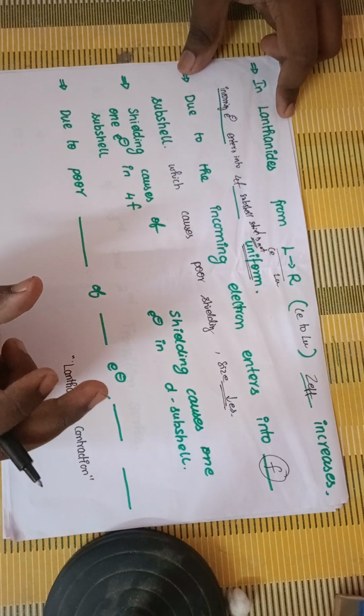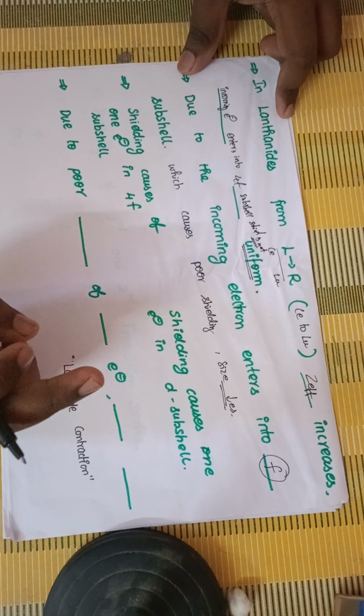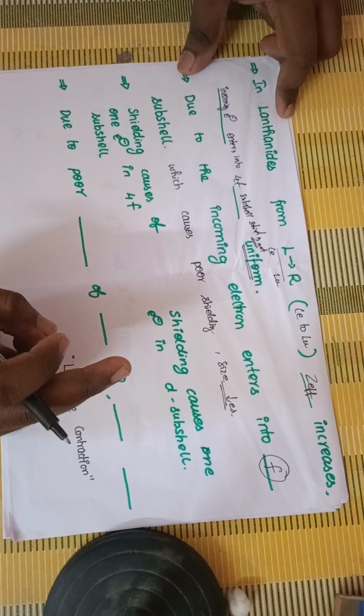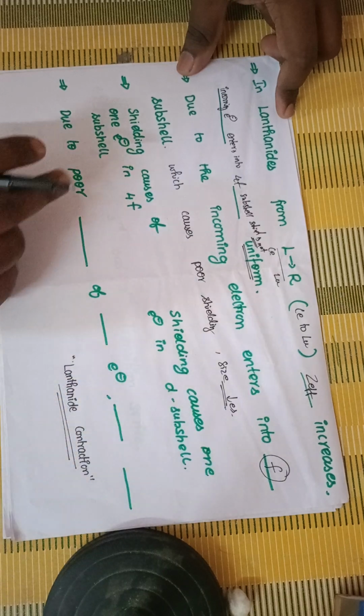The phenomenon of observing a decrease in size due to the poor shielding of lanthanides once the electron enters into the 4f subshell is known as lanthanide contraction.